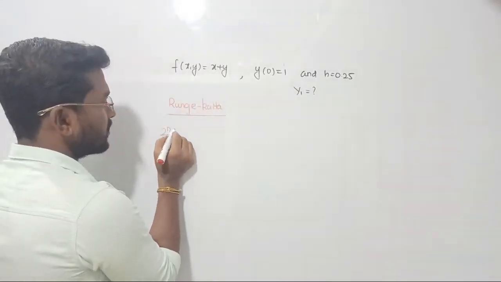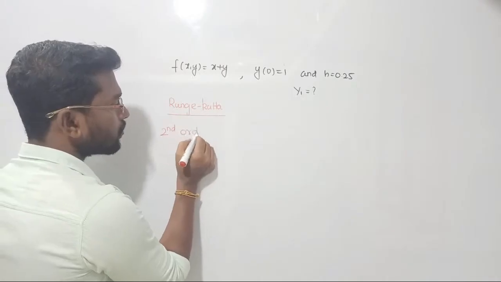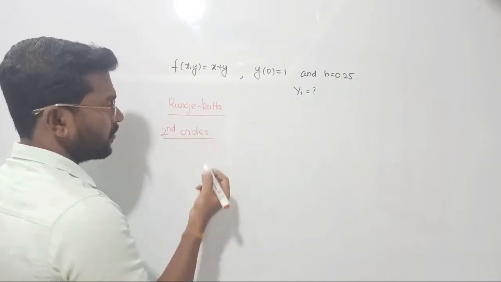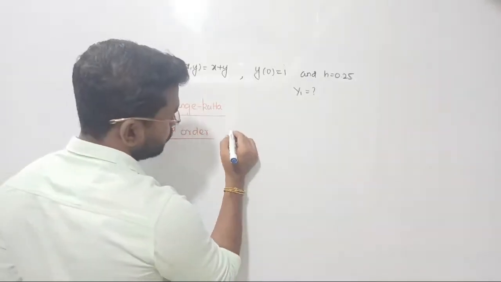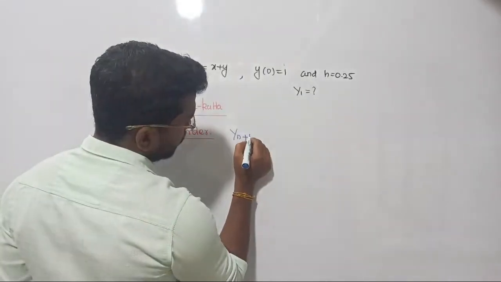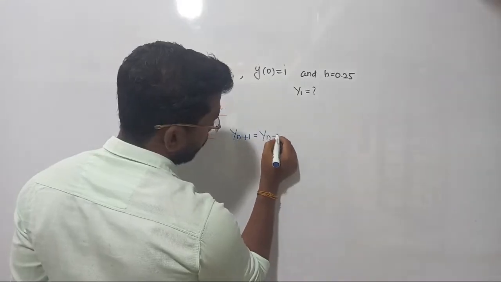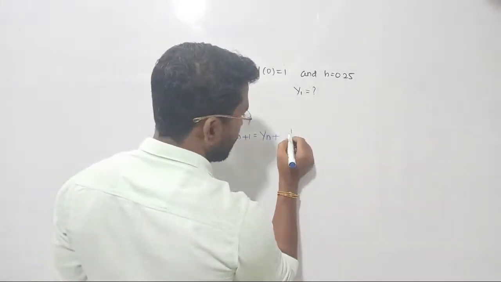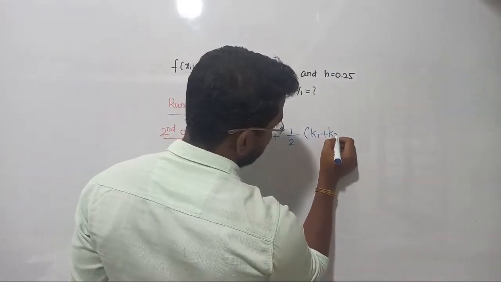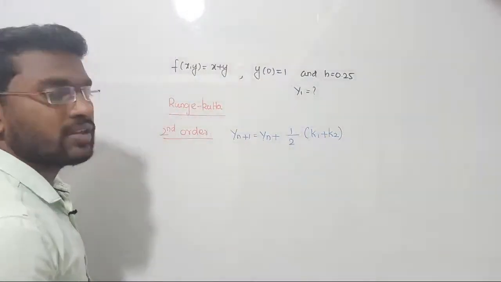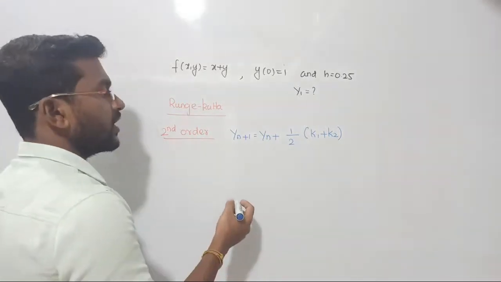What we saw in the second order method, we have already seen the formula, right? So let us write the solution. First, y n plus 1 can be written as y n plus, in brackets, 1 by 2, we have to consider k1 plus k2. Clear? Let's take the same question as an example.